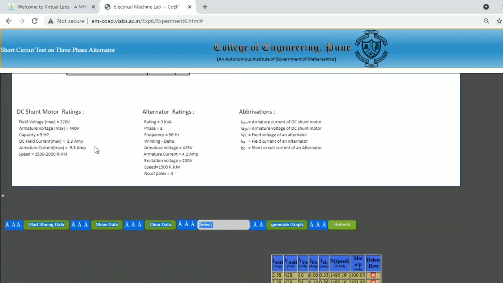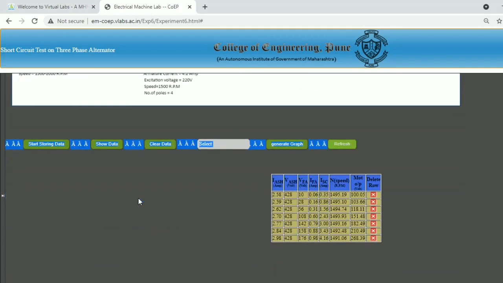Yeah, it almost reaches 4.16, which is near the rated current.